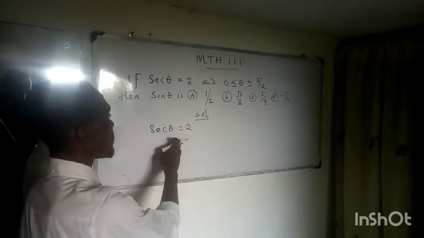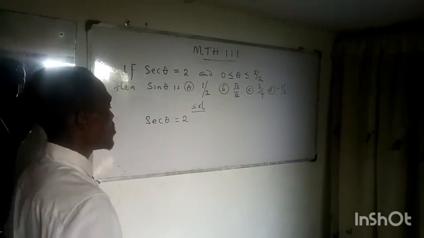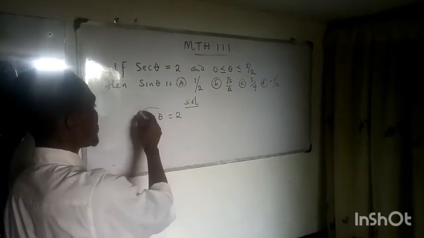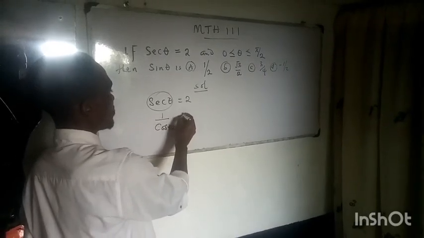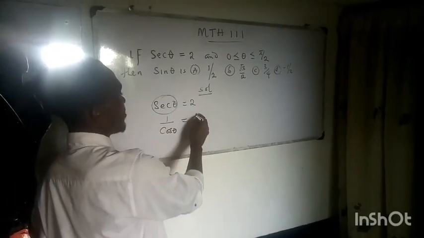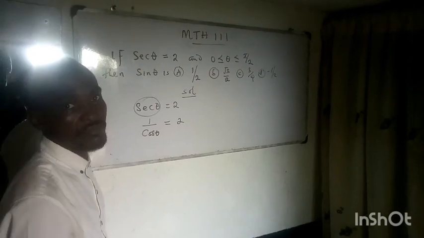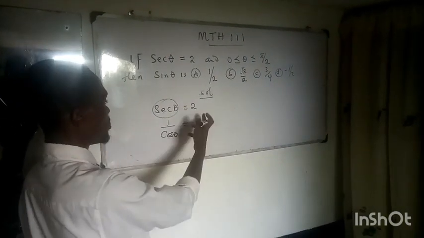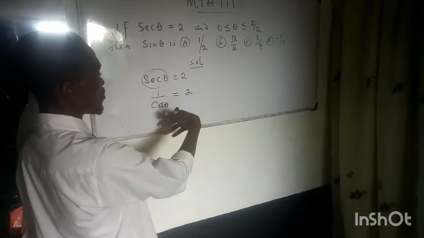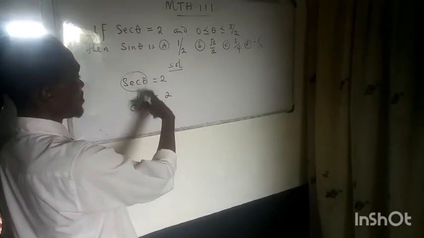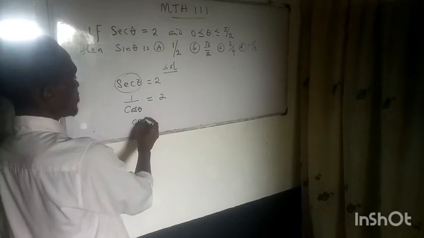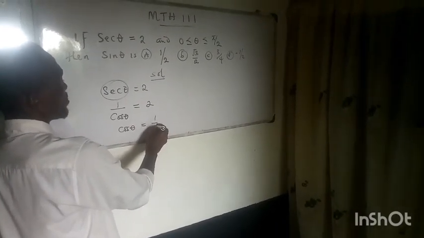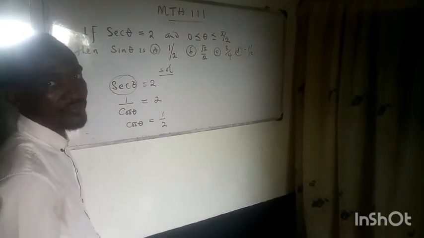So let me rewrite this in terms of cos theta. I am going to write sec theta as 1 over cos theta, and then I will have my 2. Then if I take the inverse of both sides, you should have cos theta equal to 1 over 2.